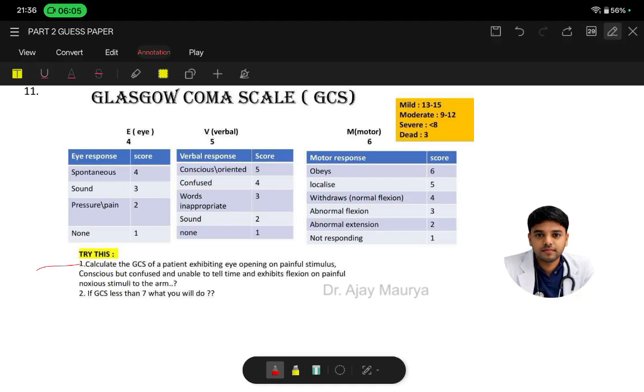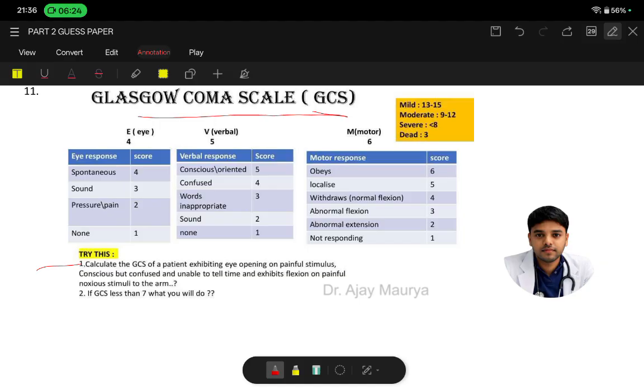Okay, see GCS, so we have to remember EVM. E for eye opening, V for verbal response, M for motor response. EVM 456, EVM 456.